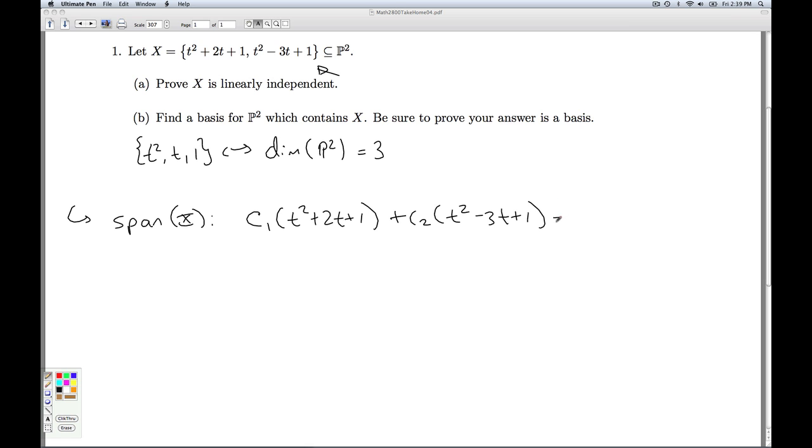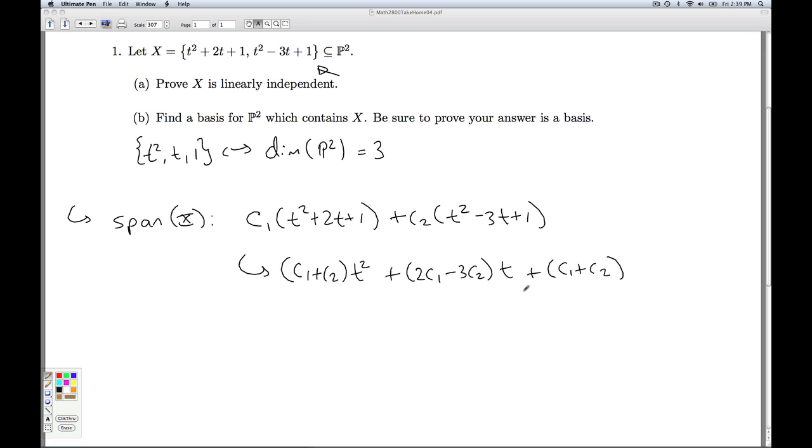And if I combine the like terms, I get (c1 plus c2) t squared plus (2c1 minus 3c2) t plus (c1 plus c2). And so what I need to do is find a polynomial that's not going to fit that pattern for any choice of c1 or c2.